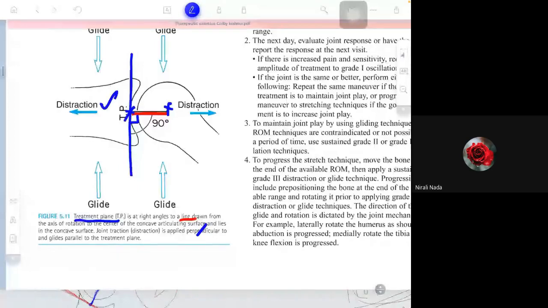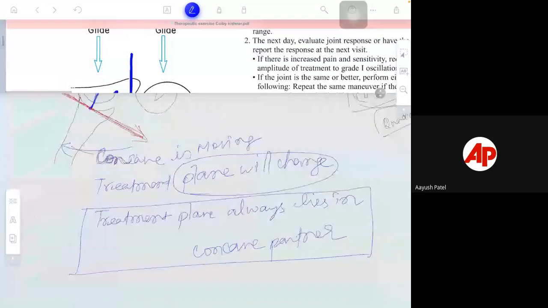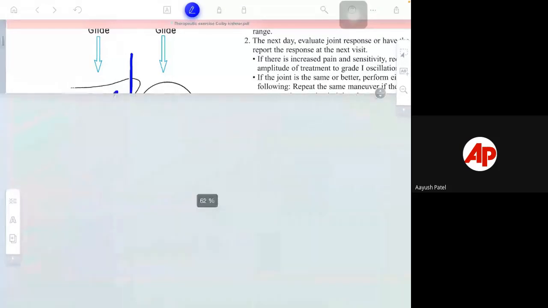So the treatment plane always stays with the concave surface. Always the treatment plane lies in the concave partner. Are you clear what I am saying? Yes, sir. Okay.